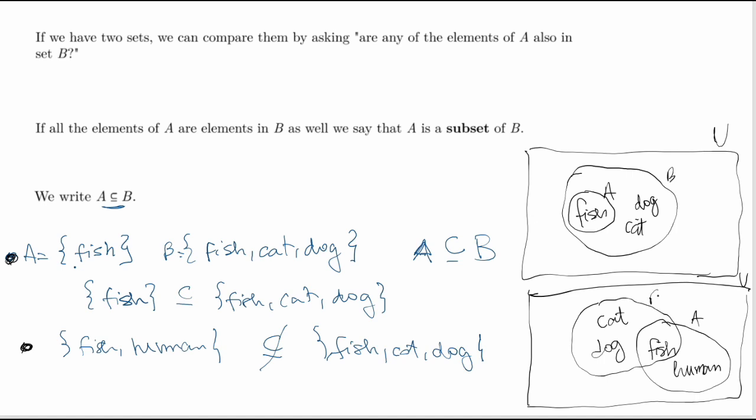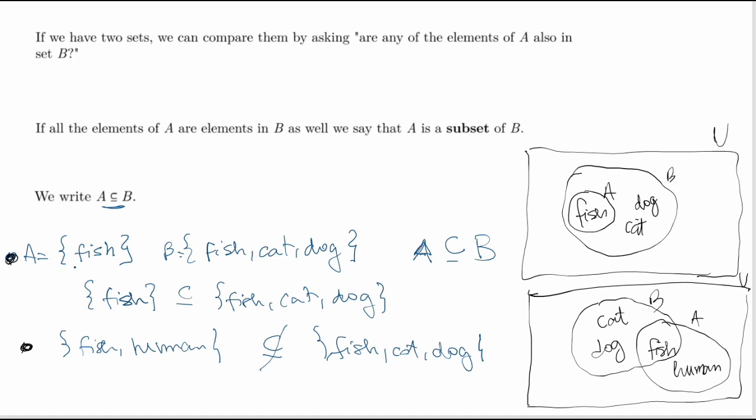So this is set A and set B. Well, I cannot say that A is a subset of B because A is not totally contained in B, right? They have a common element, which is fish, but the whole set A, all elements of A should be inside B so that A is considered a subset of B, okay?